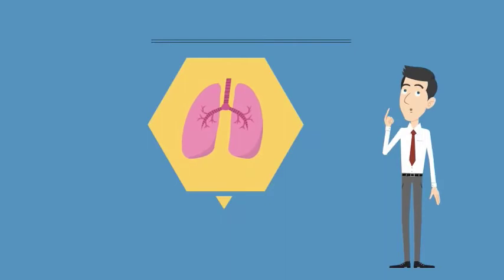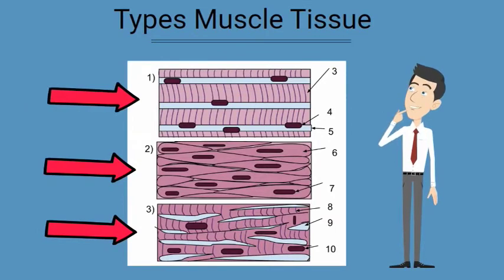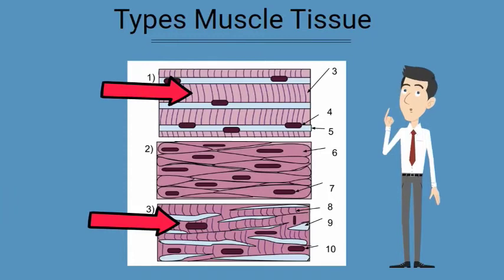There are three main types of muscle tissues: smooth, cardiac, and skeletal. Cardiac and skeletal are striated muscles because these muscles have regularly repeated stripes which are formed by proteins called myofilaments, which cause these stripes in the muscles.